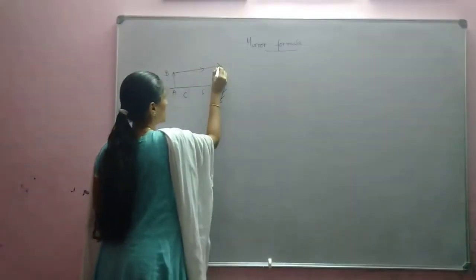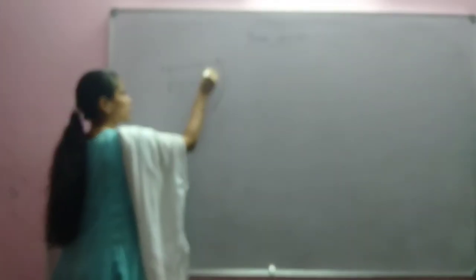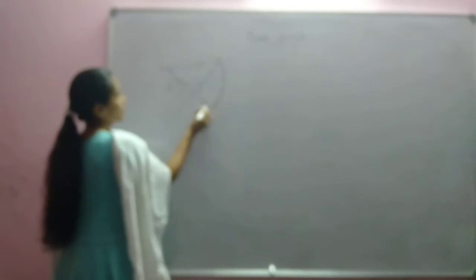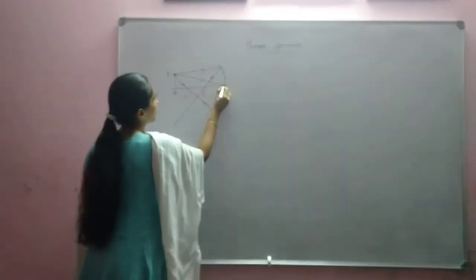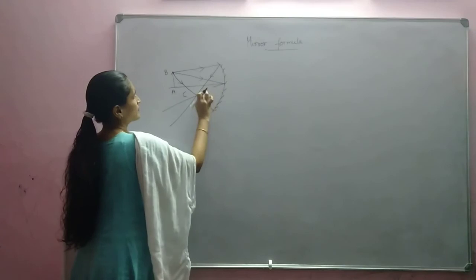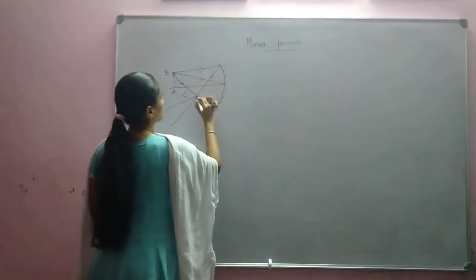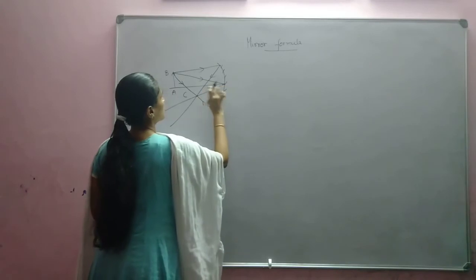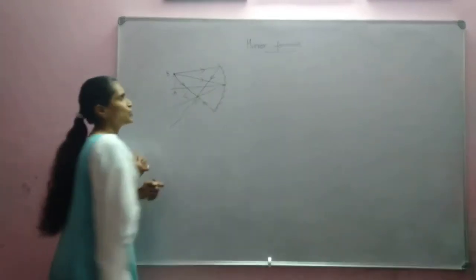A ray parallel to the principal axis passes through the focus after reflection, and a ray entering through the center of curvature will bounce back. Again, if a ray makes some angle with this, the reflected ray will also make the same angle. So this is the position where 2 rays are enough.